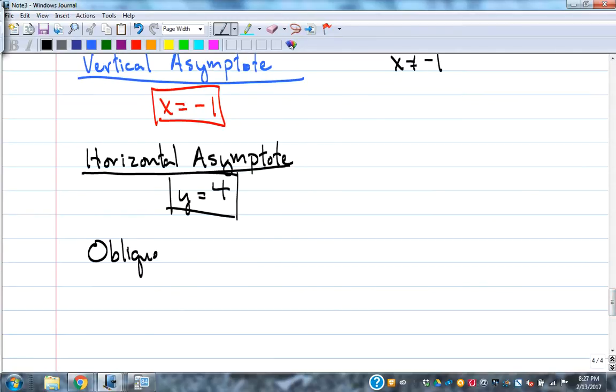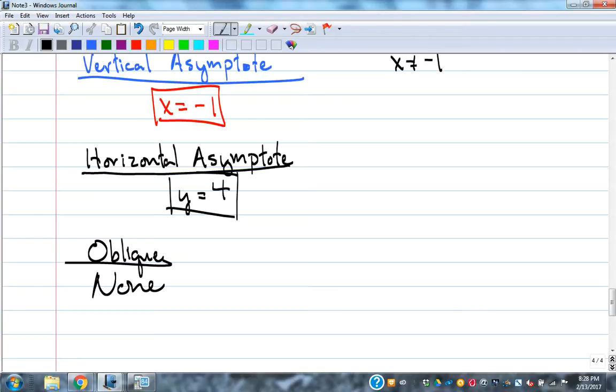They don't exist. Darn it. If it's got horizontals, it can't have obliques. If it's got obliques, it can't have horizontals. So if the degrees of the numerator and denominator are equal, or the denominator's degree is bigger, you get a horizontal.